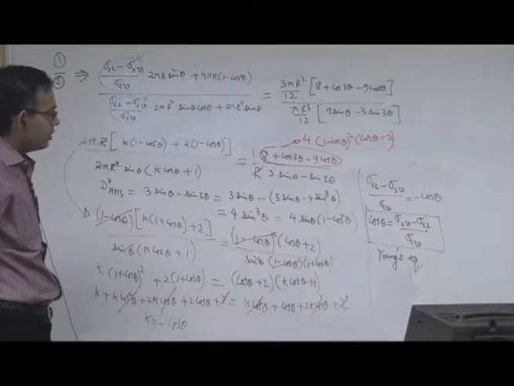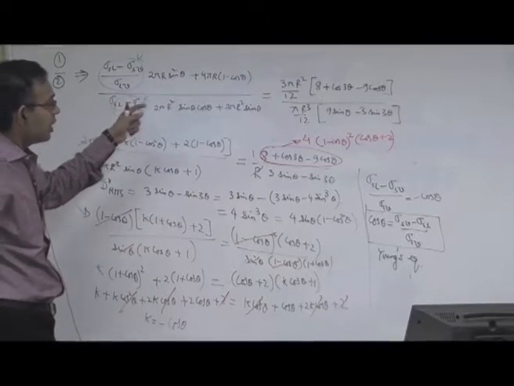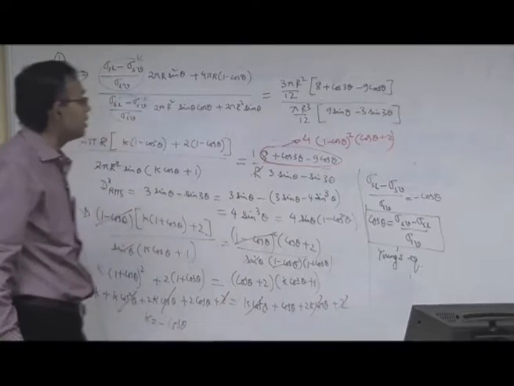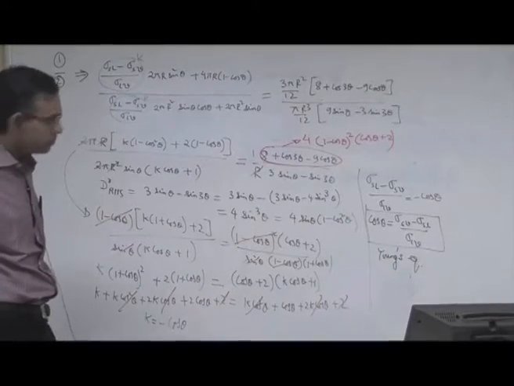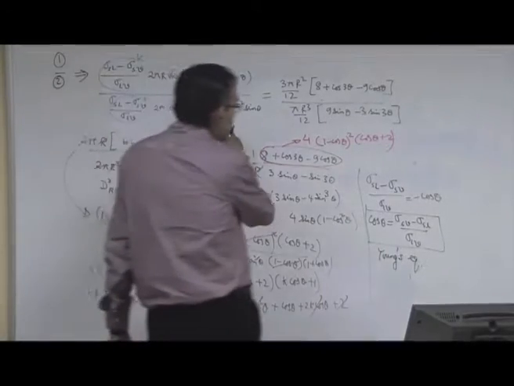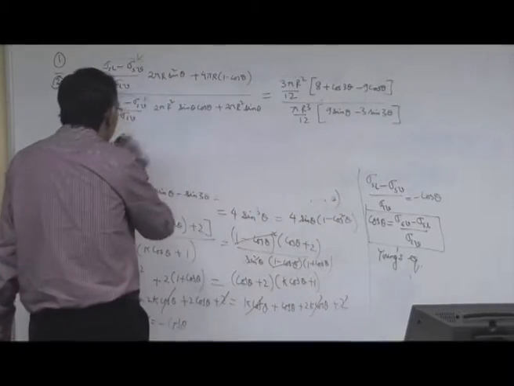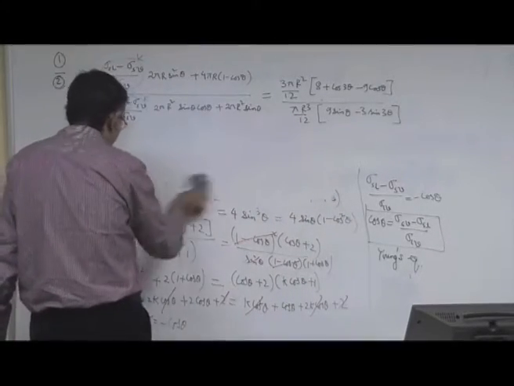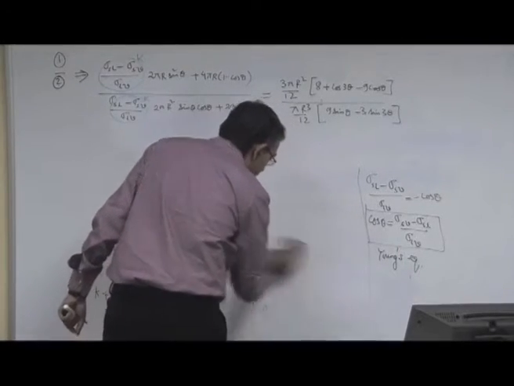Now, let us substitute this expression for k in one of the expressions to get what is lambda. I mean we have done enough of algebra, I will not take more time in doing that.